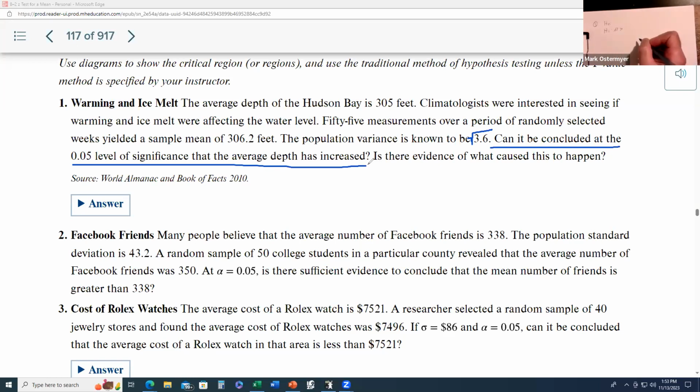Well, what was the purported average? What is the believed average depth of Hudson Bay? 305. That's right. So therefore, these would be the hypotheses that you'd want to test.